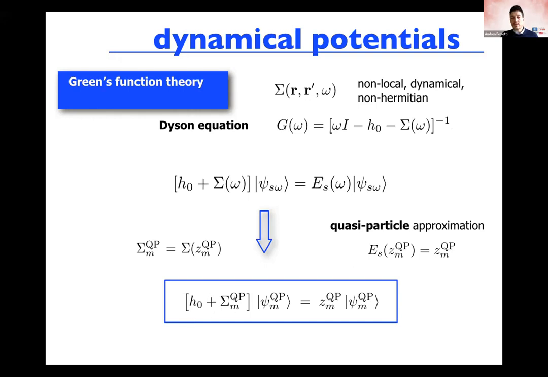We have an object that is orbital dependent. So each wave function basically sees, or is driven by, a different potential. This is somehow related to this frequency dependence.